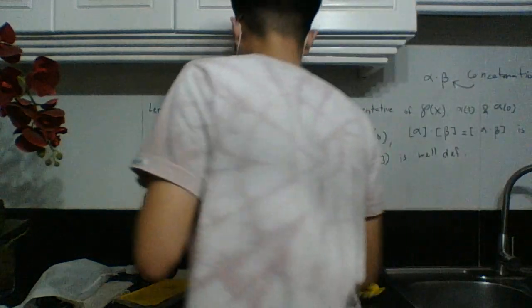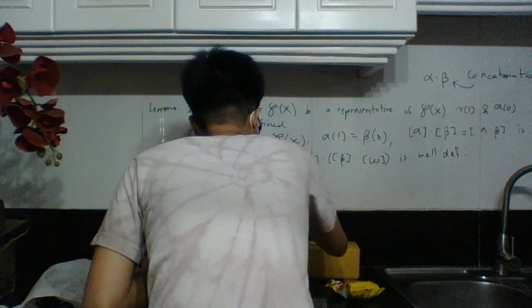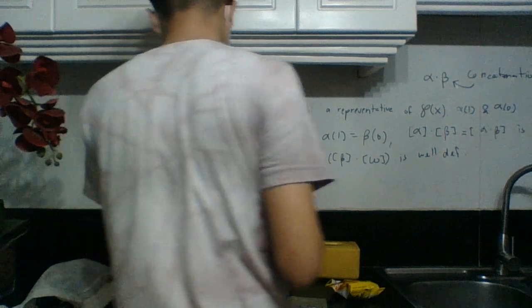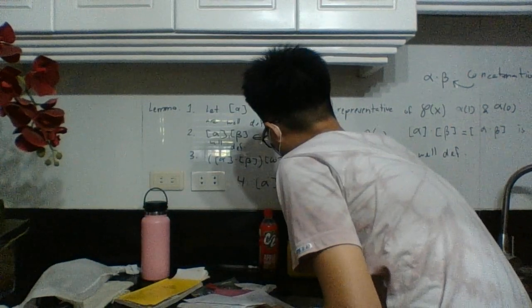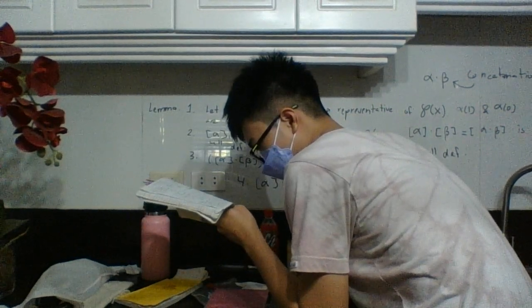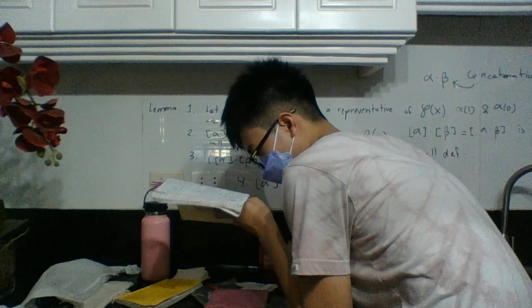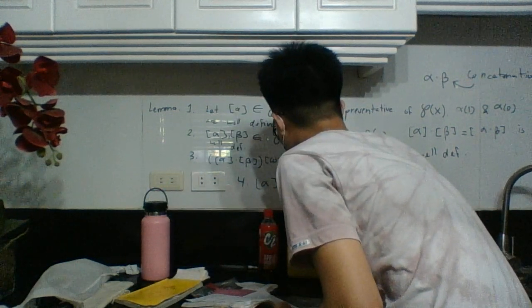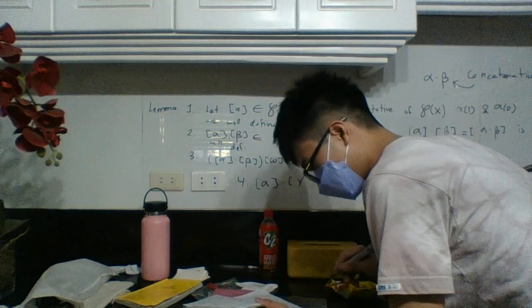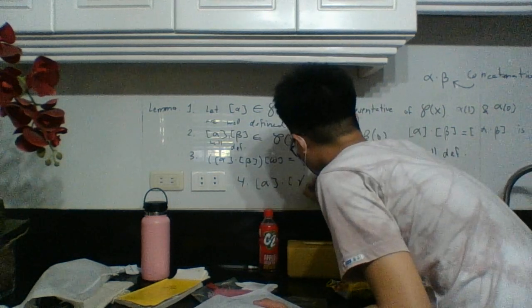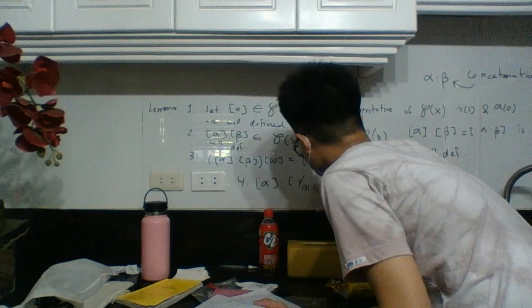So the representative alpha multiplied by some homotopy or some map. It could be any map. It could be a homotopy. It could be the curve evaluated at alpha of 1.